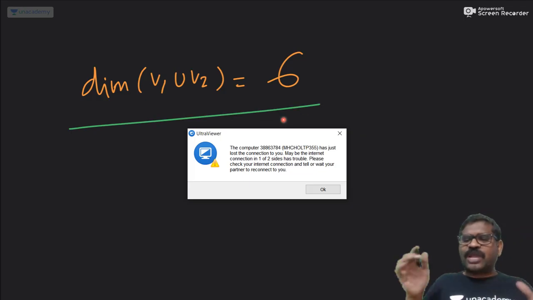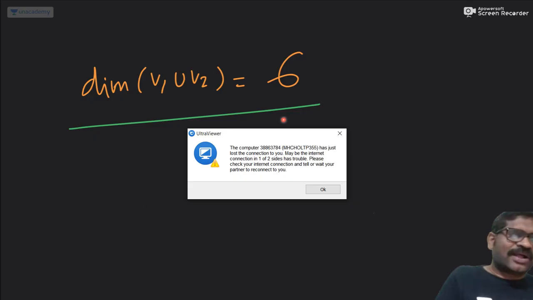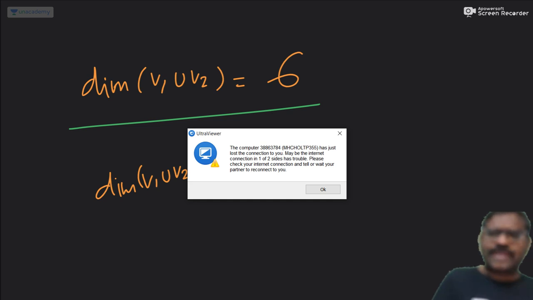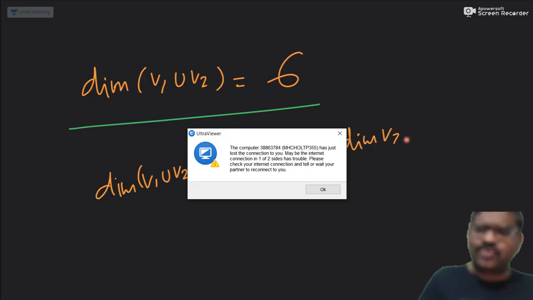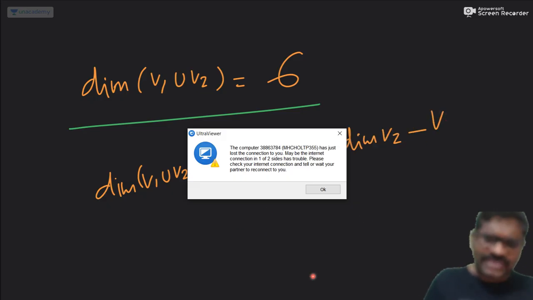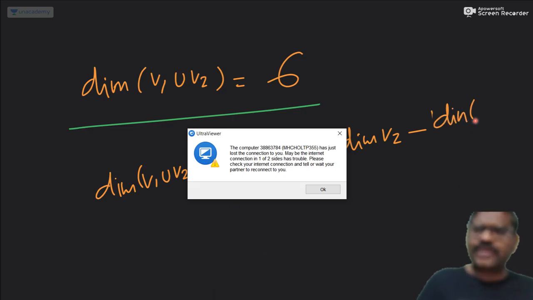We have one formula. Dimension of V1 union V2 equals dimension of V1 plus dimension of V2 minus dimension of V1 intersection V2.